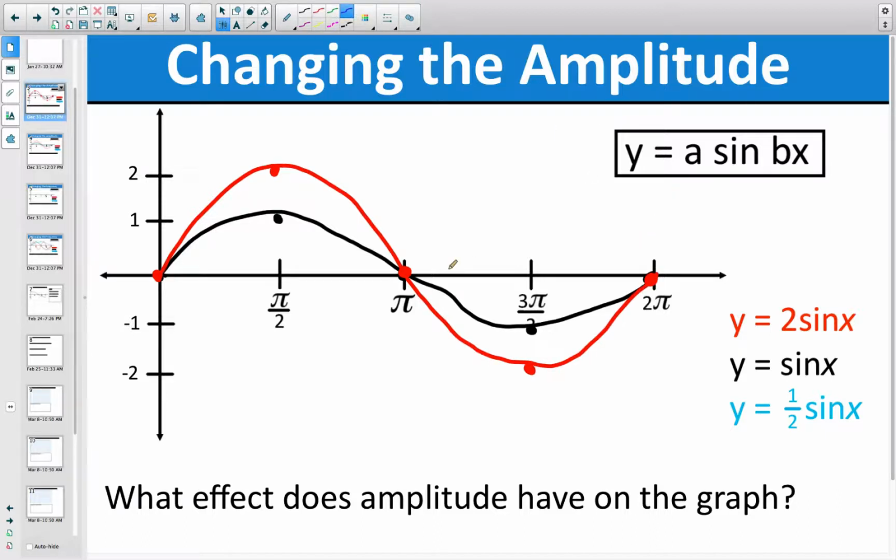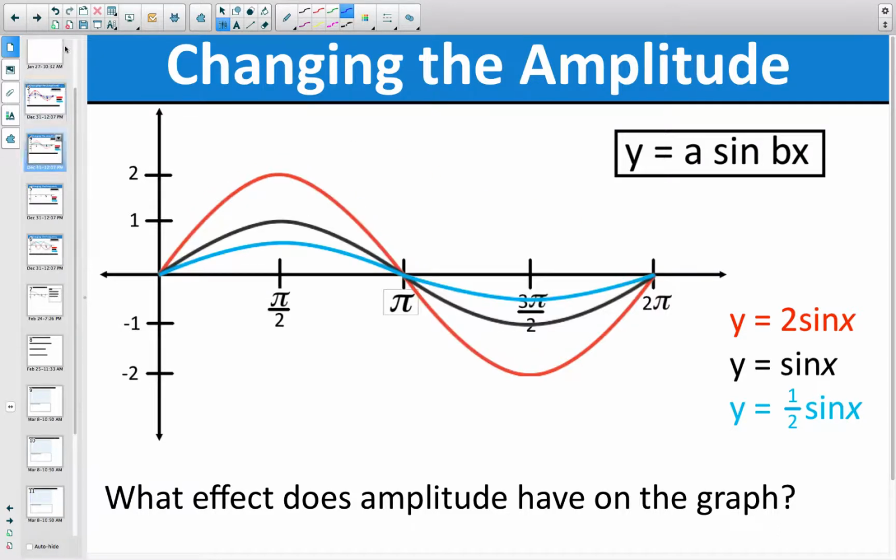And finally, y equals a half sine of x. Well, it starts at the midline, but this time the maximum is a half, and the minimum is -1/2. So we could see that it doesn't go as high. All right, here are better looking graphs.